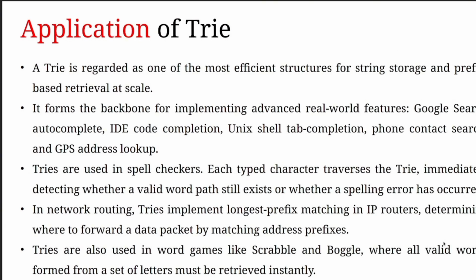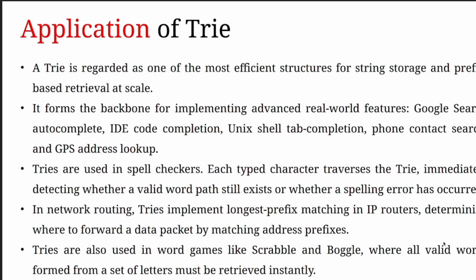Trie has many practical applications in real life. One common use is autocomplete, such as Google search suggestions. It is also used in code editors to provide code completion suggestions. Phone contact search and GPS address lookup often use Trie as well.